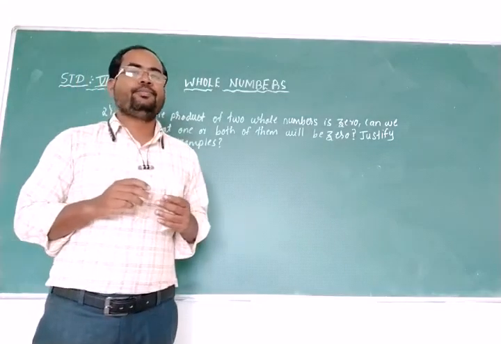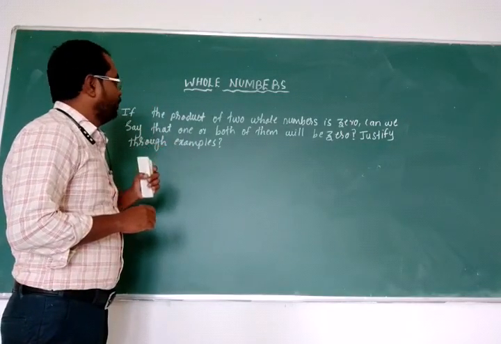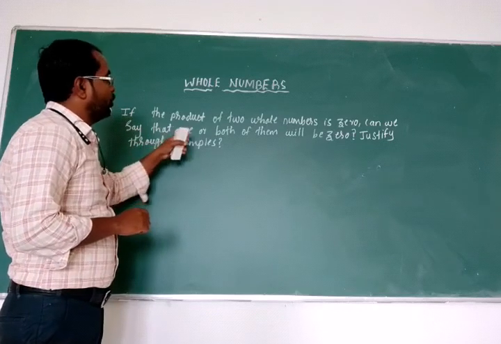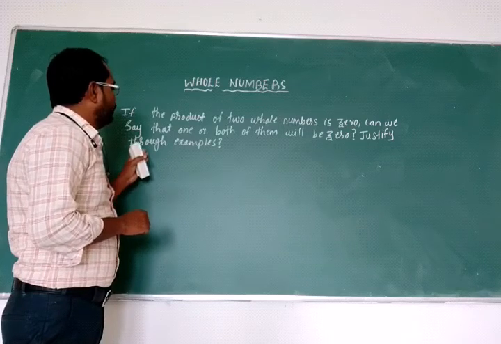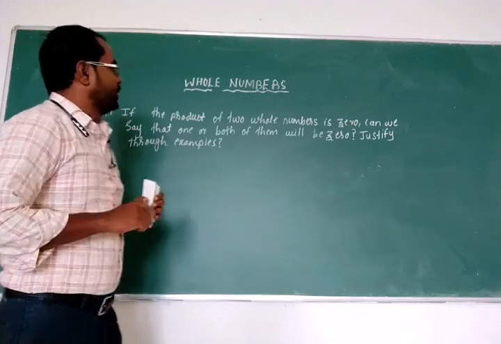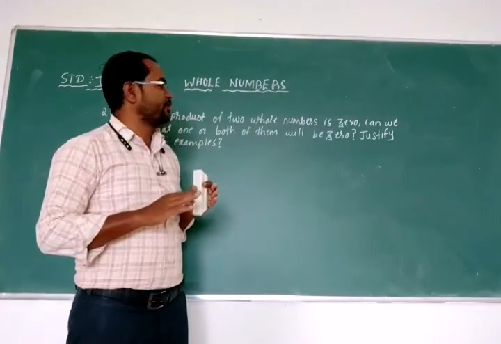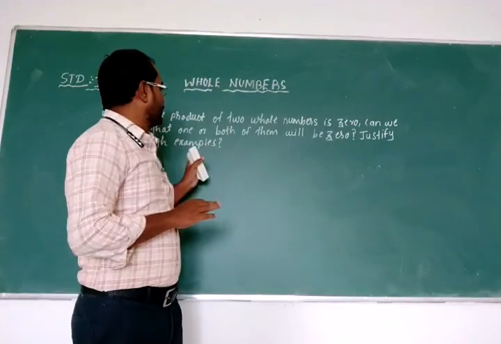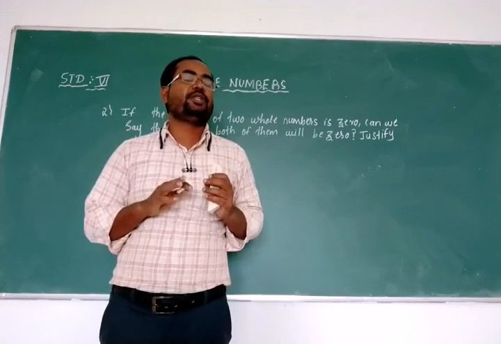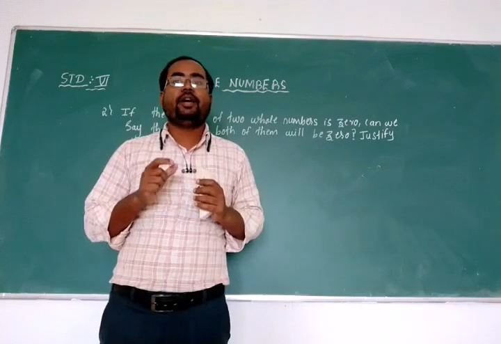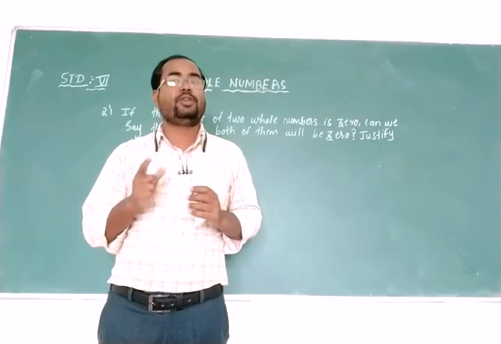So next question. The product of two whole numbers is 0. Can we say that one or both of them will be 0? Justify through examples. Here we have to justify through examples that either the multiplicand or the multiplier must be 0, or both of them.